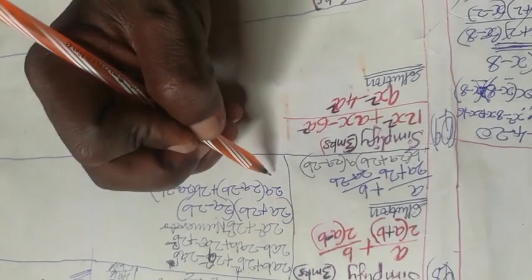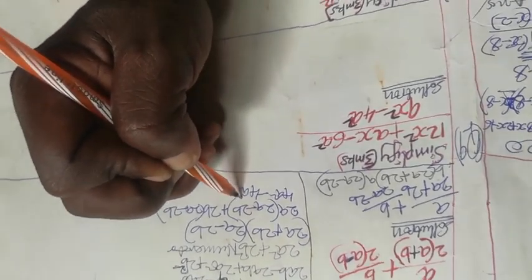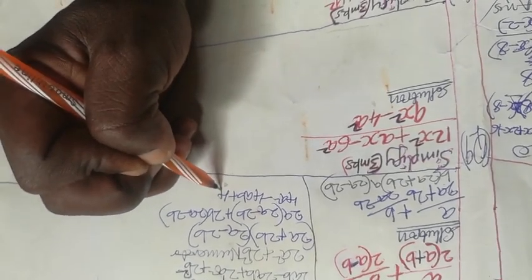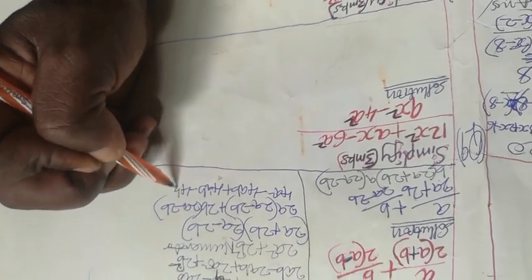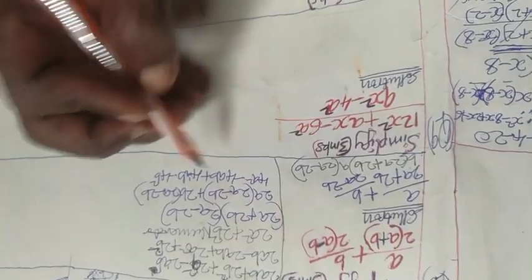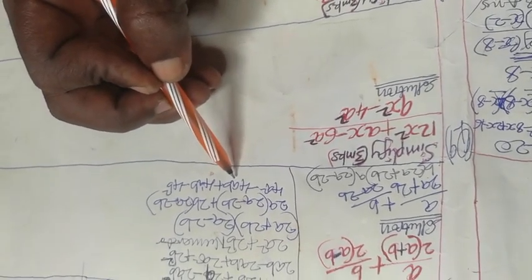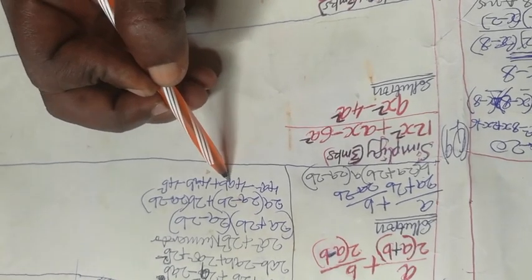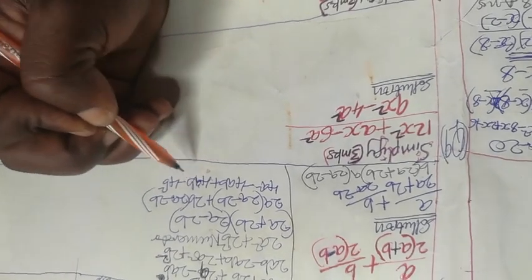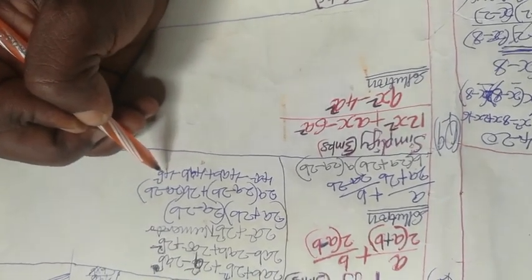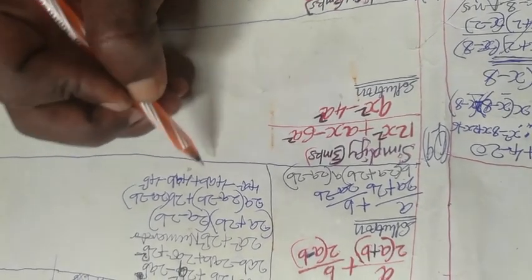By expanding this will be 4a squared minus 4ab plus 4ab minus 4b squared. Now, minus 4ab plus 4ab is 0.